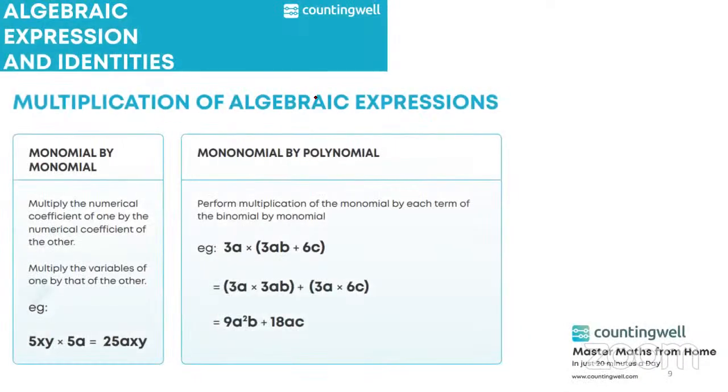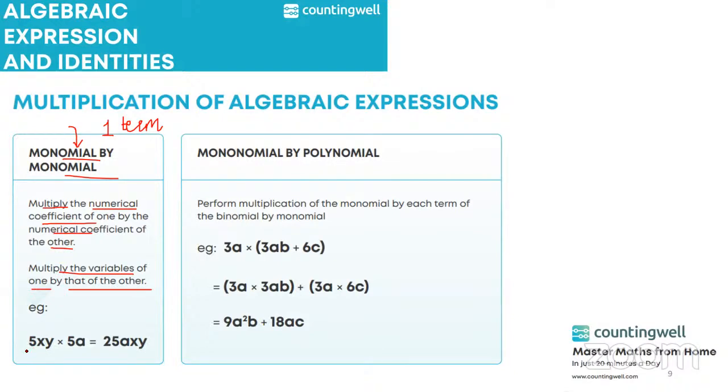Let us see multiplication of algebraic expressions. Monomial by monomial. A monomial is nothing but an algebraic expression having only one term. So when we are multiplying a monomial by a monomial, we have to multiply the numerical coefficient of one by the numerical coefficient of the other, and multiply the variables of one by those of the other.